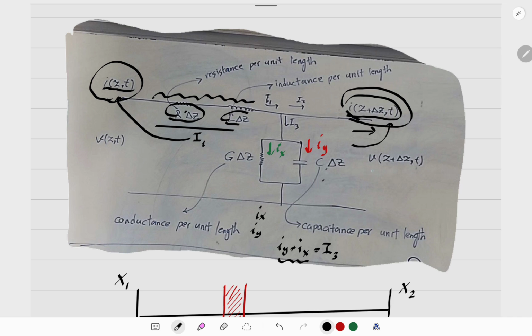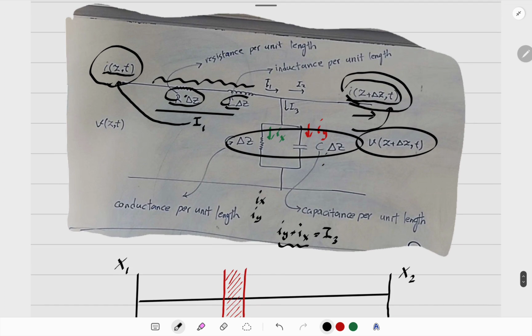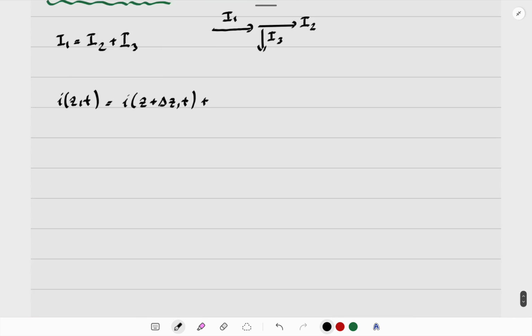So what we can do is use this voltage and relate it to this voltage with these two different components over here.